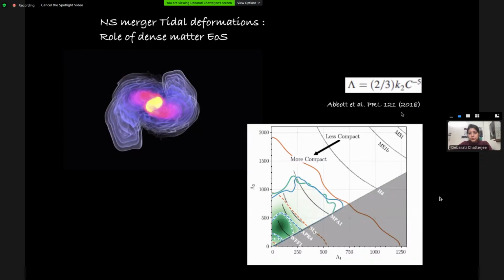You see a plot from 2018, which was an analysis of the data. There has been reanalysis of this as well, and we are getting better and better constraints on the equation of state from these studies. What we now understand is which configurations are more favored, the more compact ones or the less compact ones. This information comes from the tidal deformability related to the merging of the neutron stars in the binary.